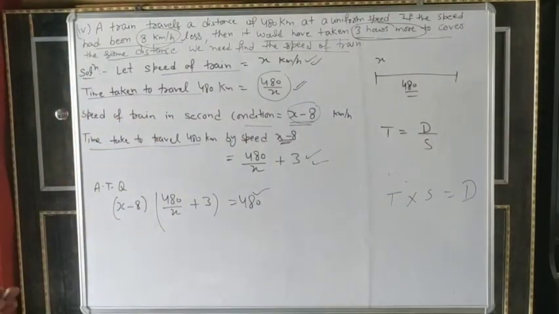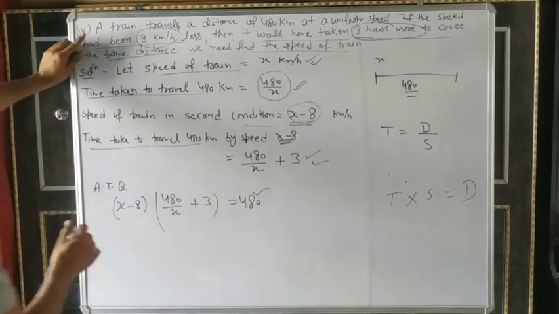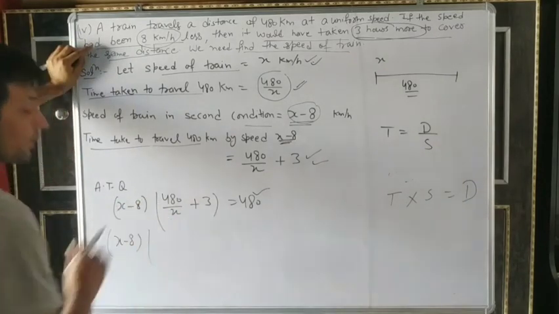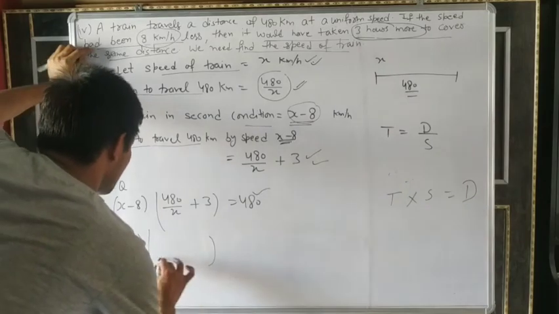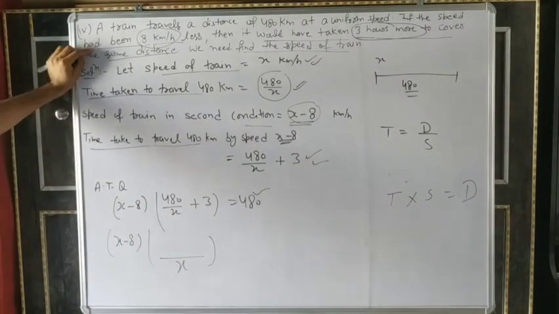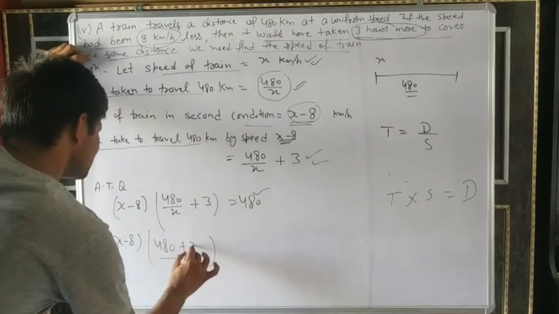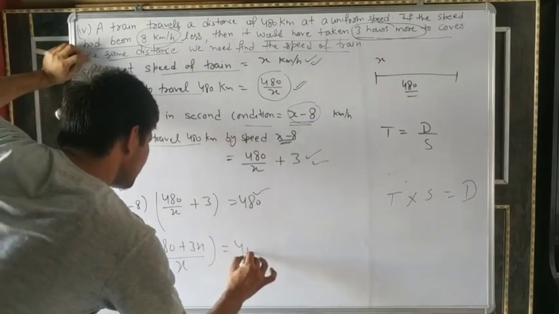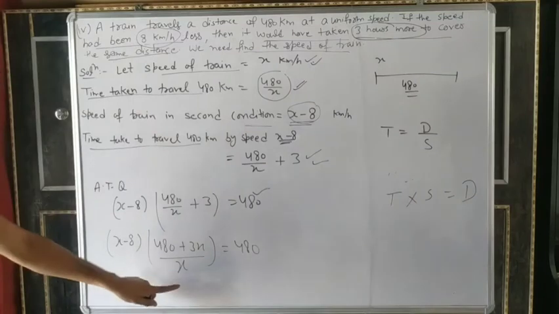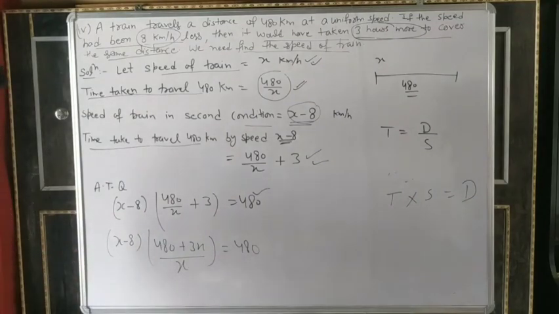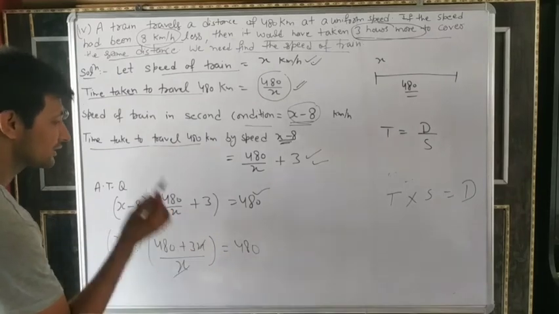So how will we solve it? Look here, x minus 8 and it is a fraction, and how do you solve a fraction? By taking the LCM. So 480 plus 3x, all over x. And x is dividing both 480 and 3x, so you cannot cancel x, dear.